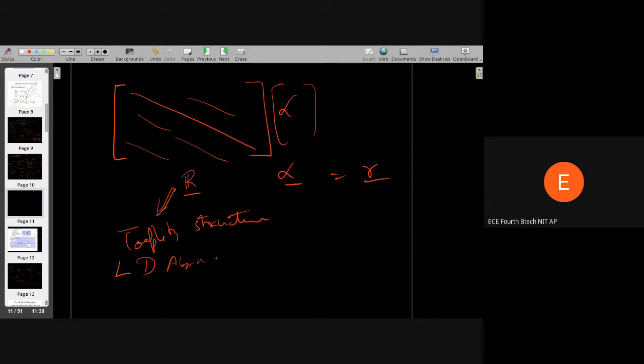Via Levinson Durbin's algorithm, we are able to find alpha, the parameters of the LP analysis model.